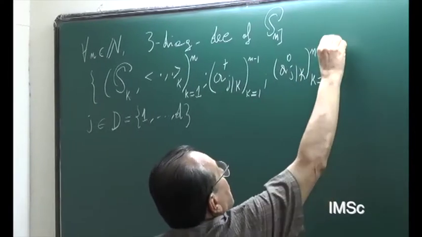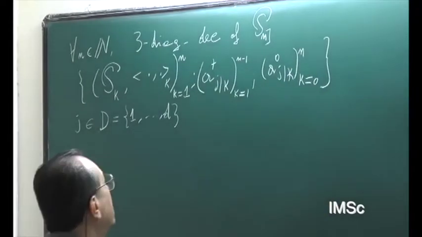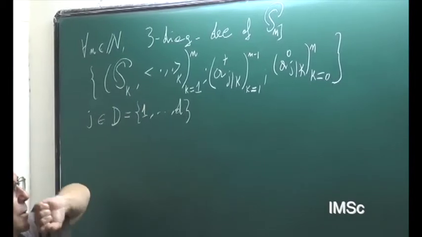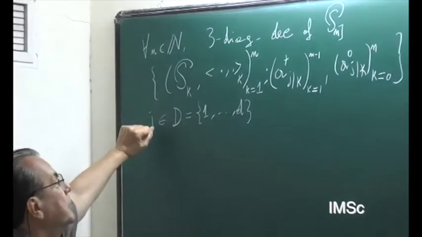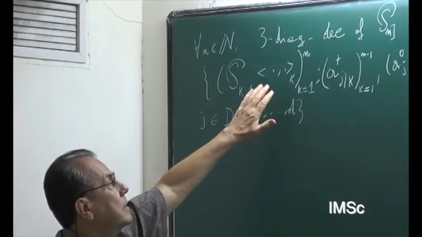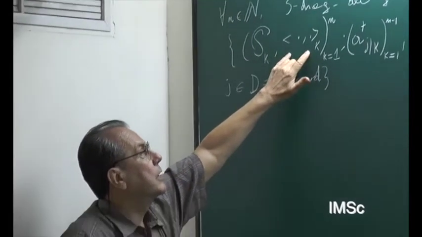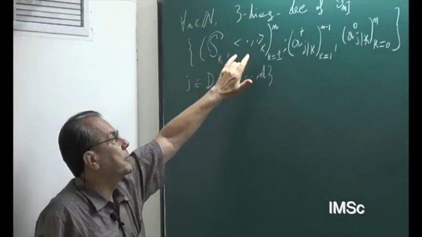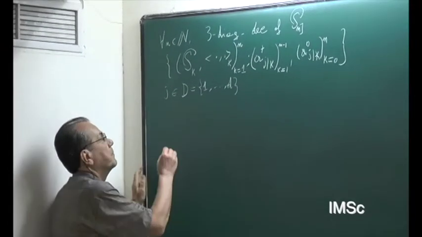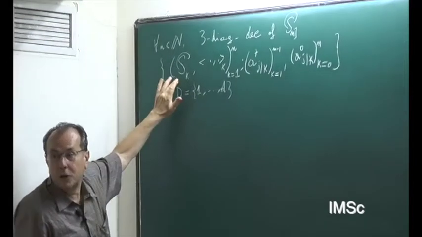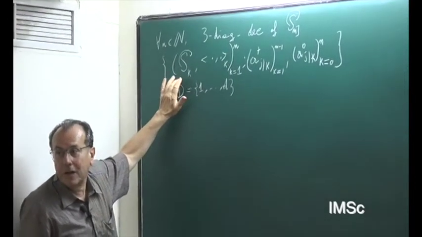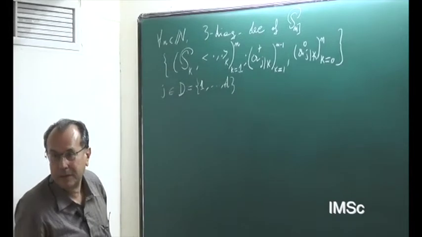So there are some properties of this triple, and let me recall that the fundamental properties are these. Each p_k is a monic subspace.